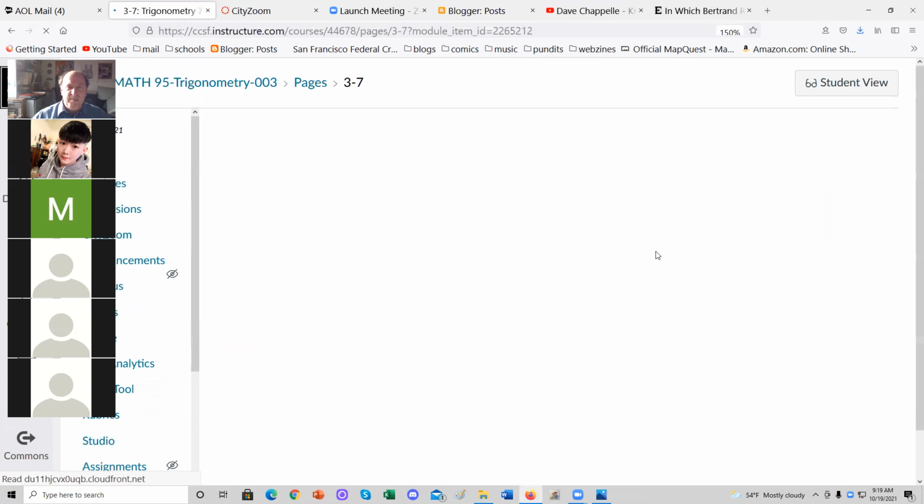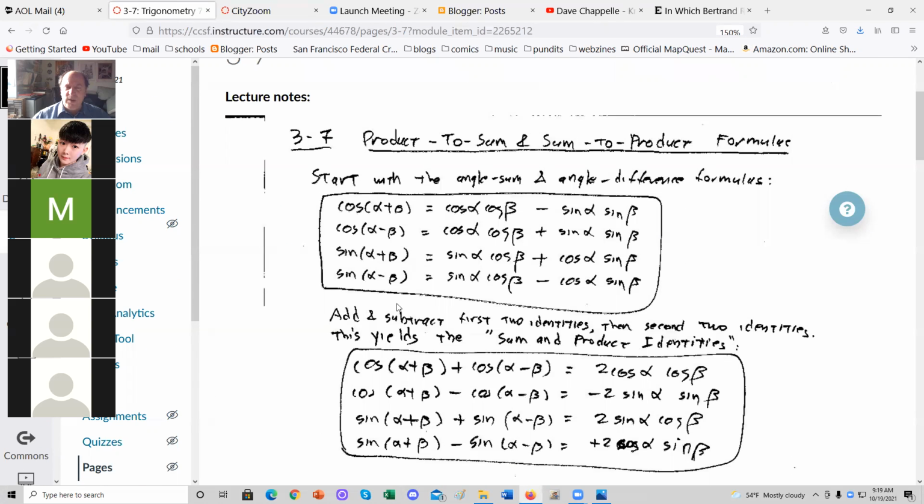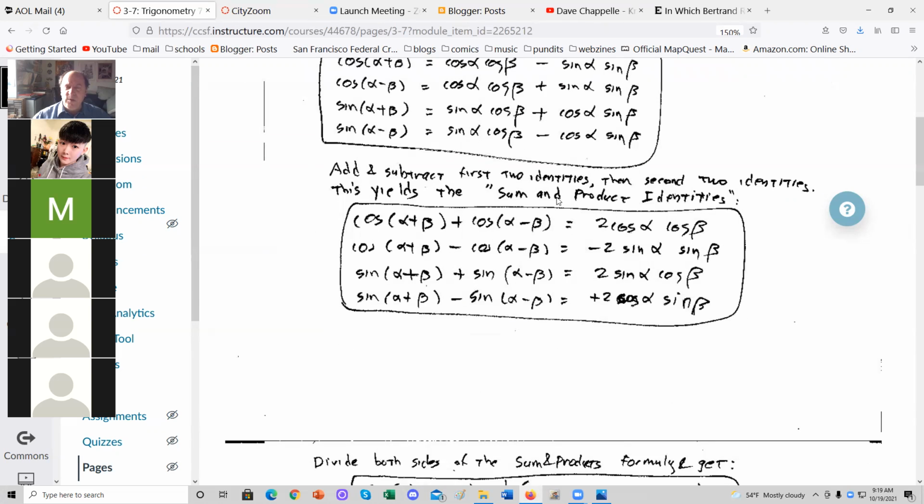Next time is, I think, a particularly interesting one. Product to sum and sum to product formulas. We use the angle sum and angle difference formulas, and from them derive what I call the sum and product identities, where a sum of sines and cosines equals a product of them.